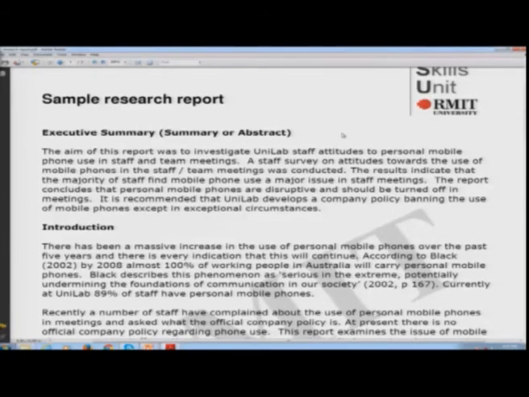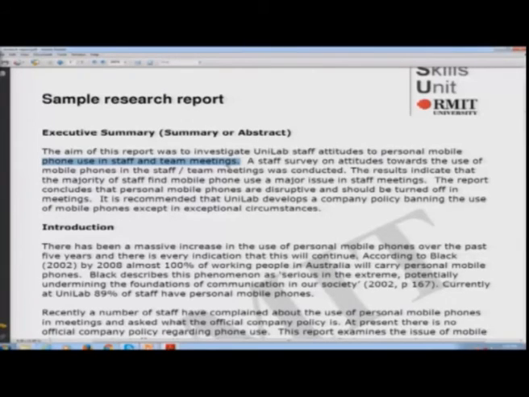So, this is about a particular company Unilab and the staff of its company, the attitudes of the people there towards mobile phone use in staff and team meetings. The researchers wanted to observe whether people use mobile phones in meetings and how others feel about it.